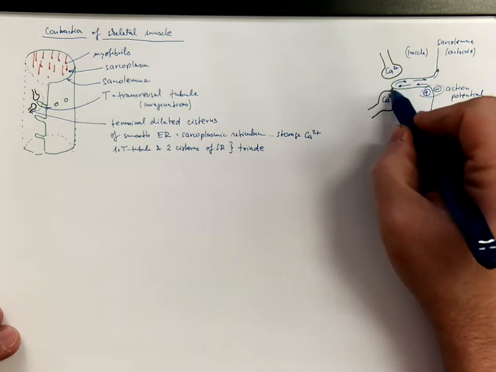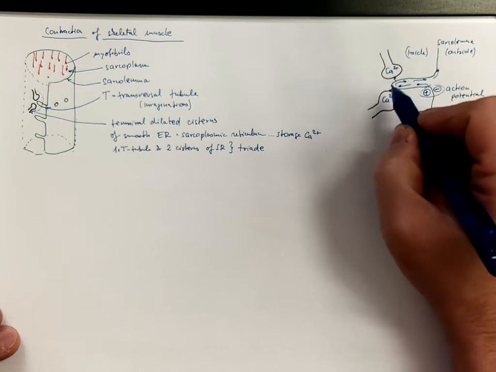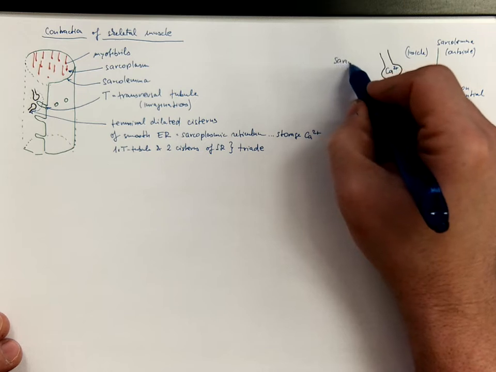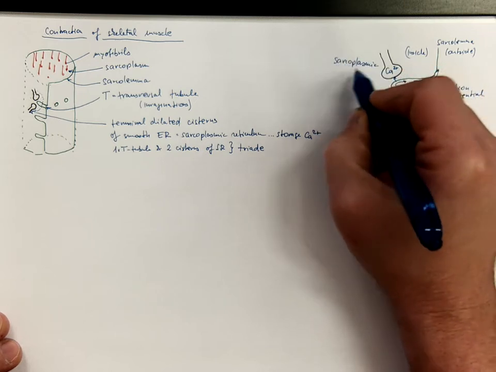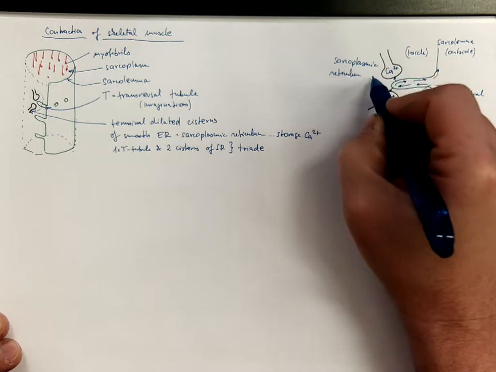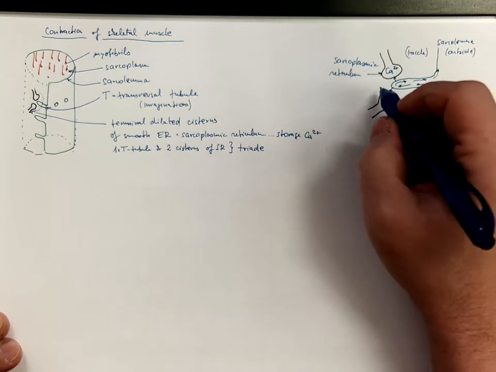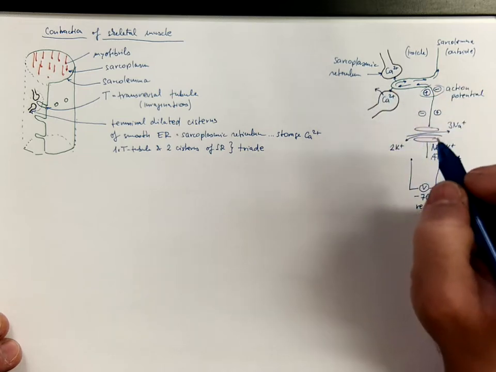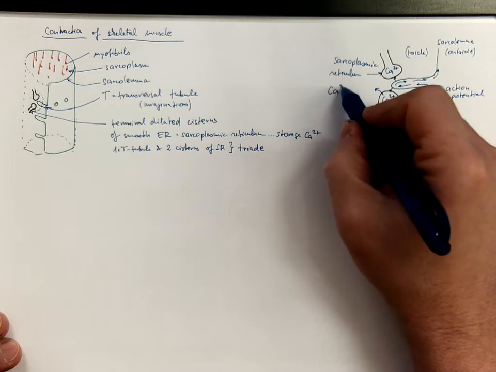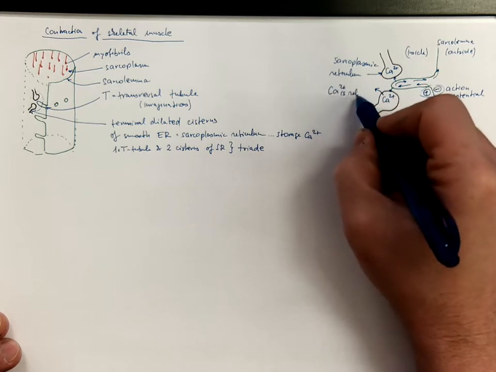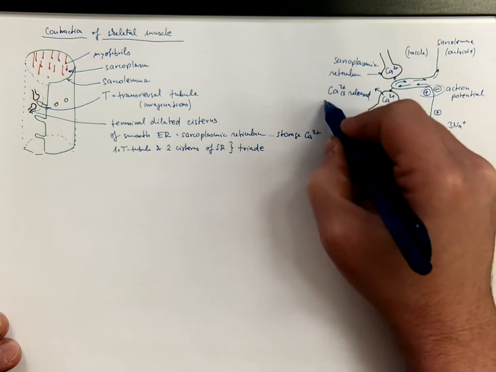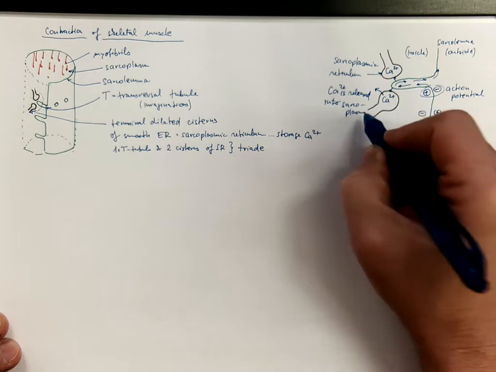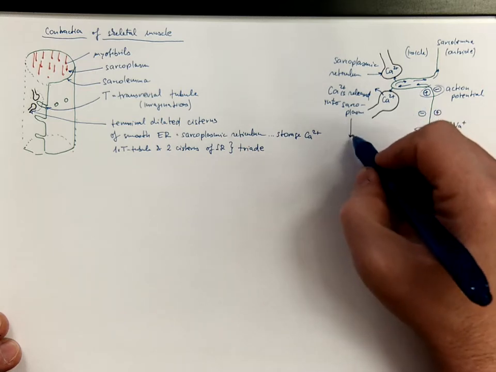Then it activates other ion channels of the sarcoplasmic reticulum, and it opens channels that let the calcium escape into the sarcoplasm. So calcium is released into sarcoplasm, and this triggers the contraction.